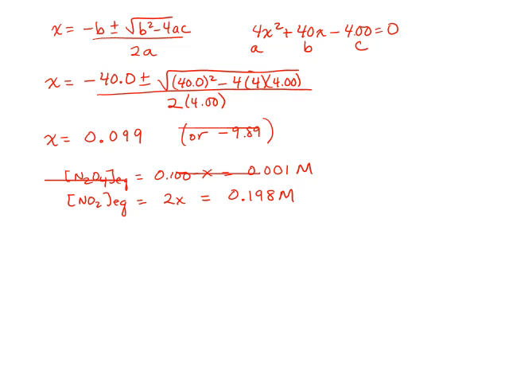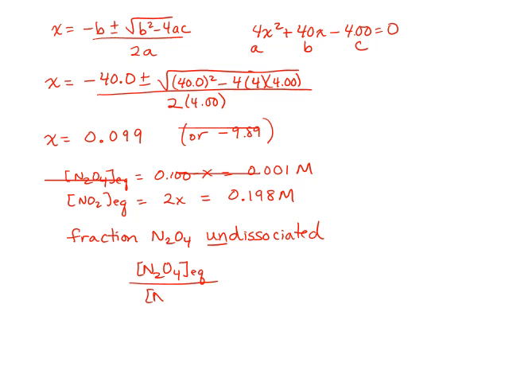The question actually was what fraction of N2O4 is undissociated at the end of the reaction. So what we're actually looking for is the amount of N2O4 left at equilibrium compared to the initial amount of N2O4.